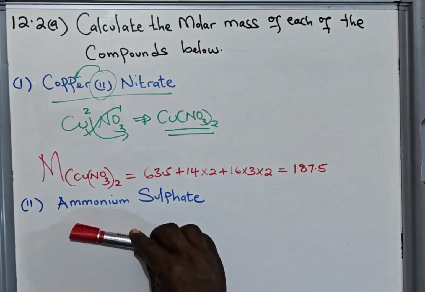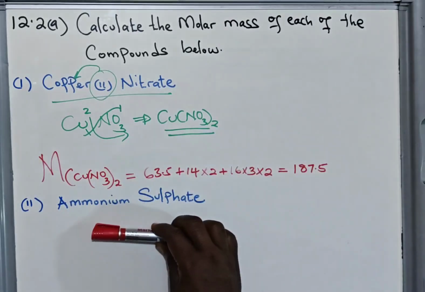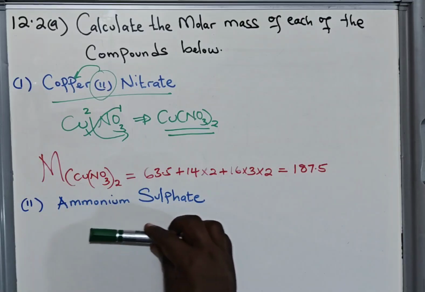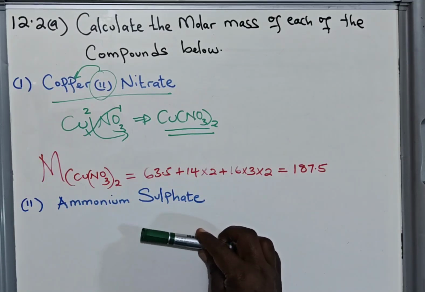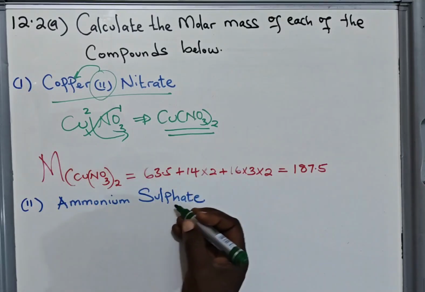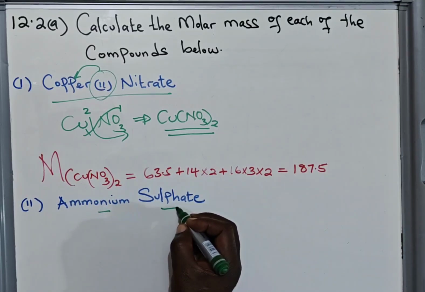It says calculate the molar mass of ammonium sulfate. What do we do? The first step is to determine its chemical formula. You have to know that it's made up of ammonium ion and sulfate ion.